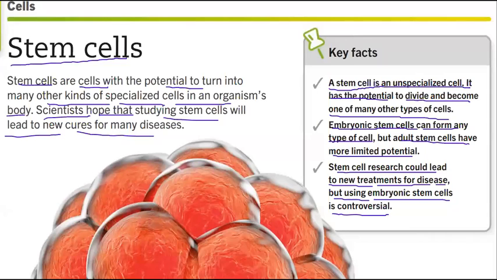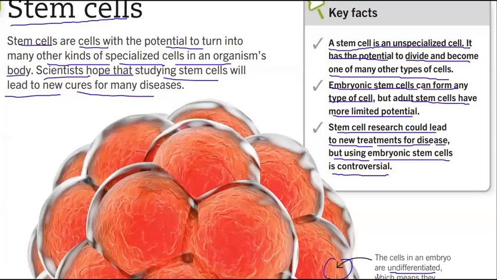So many different ideas here we have shown regarding stem cells. Stem cells have the potential to turn into many other kinds of specialized cells in an organism's body.